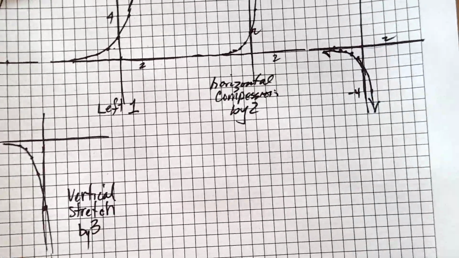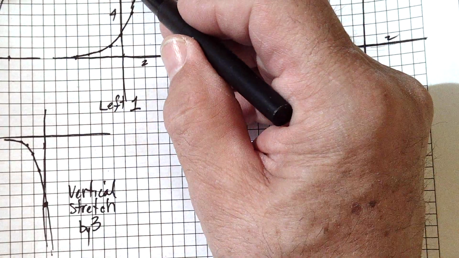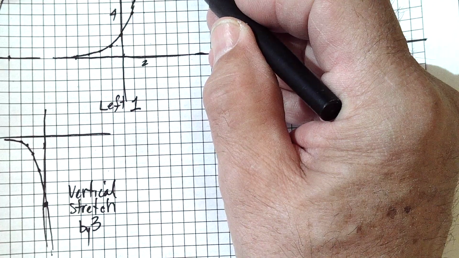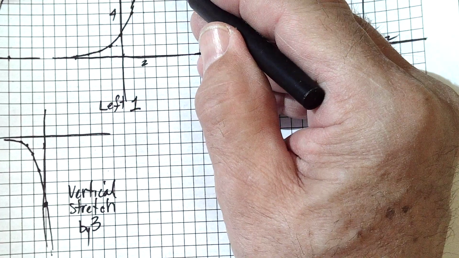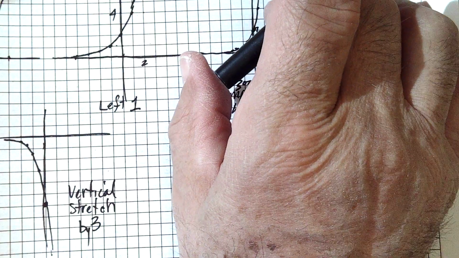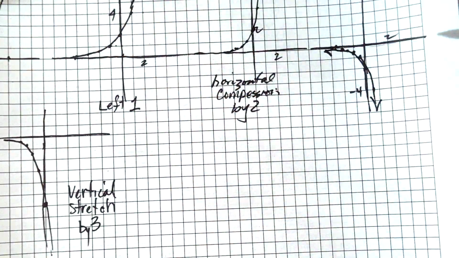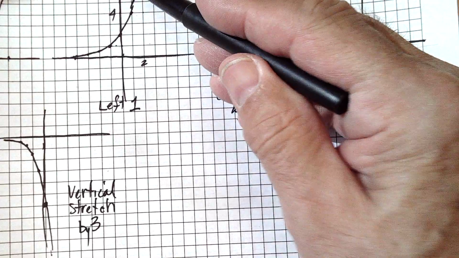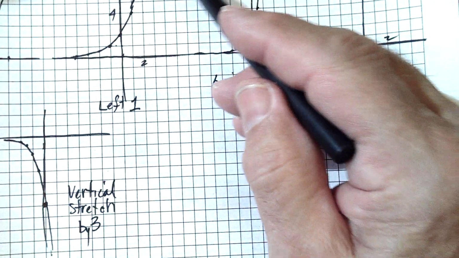And then finally, I've taken care of the left one, compressed by 2, flipped it over the x-axis for the negative, vertically stretched by 3, and up 4.